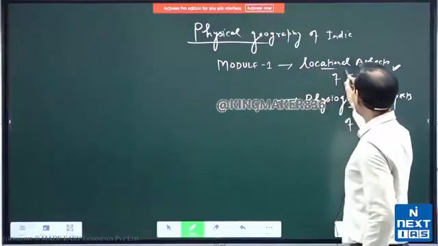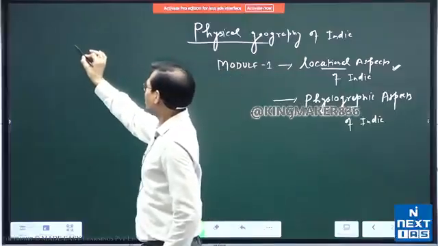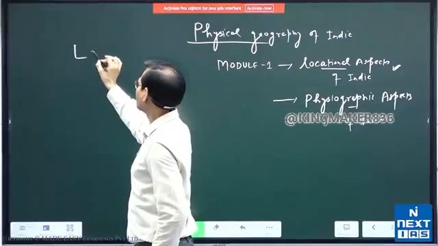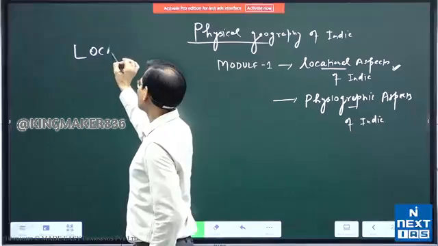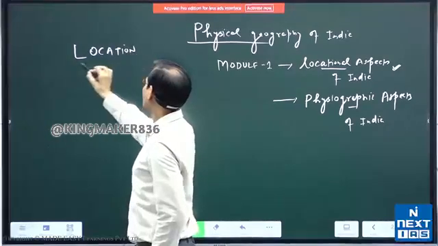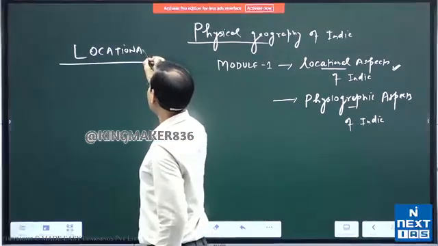So the first topic, location of India or locational aspects.